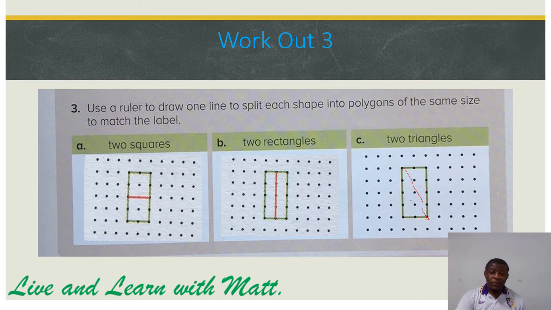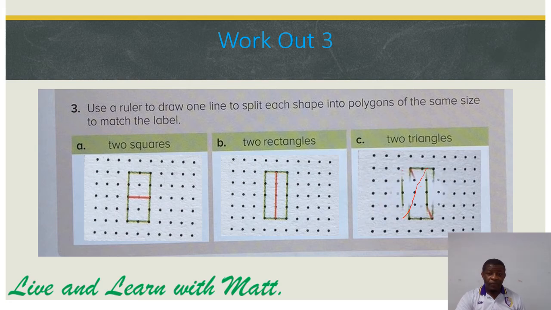Or you can draw a diagonal line to divide it into two triangles. So whichever way you want it, it's all possible.